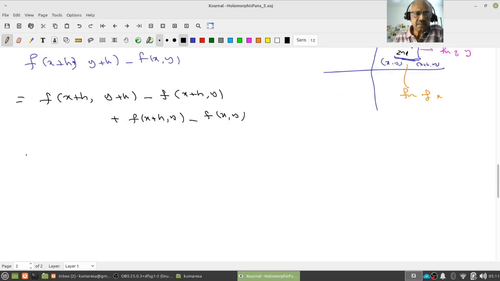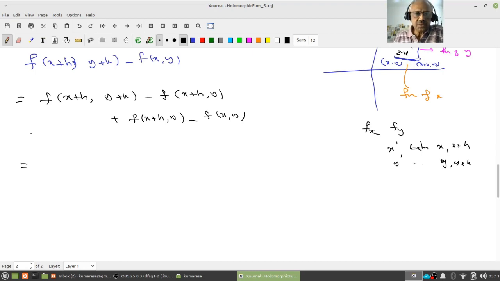Now x plus h is the same, therefore this is a function of y, as I said. I have partial derivatives with respect to x and y which I will write as fx, fy, etc. My x dash will be a point between x and x plus h, y dash will be a point between y and y plus k.